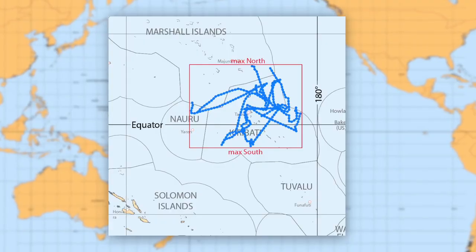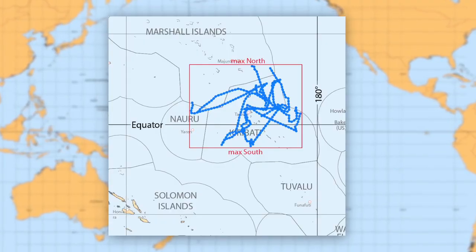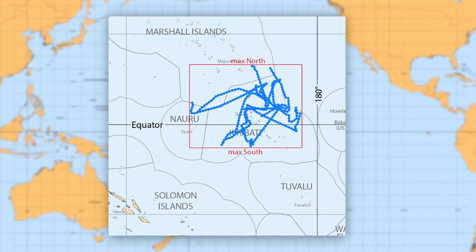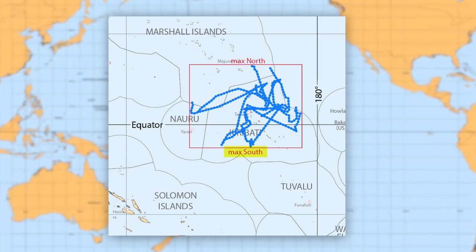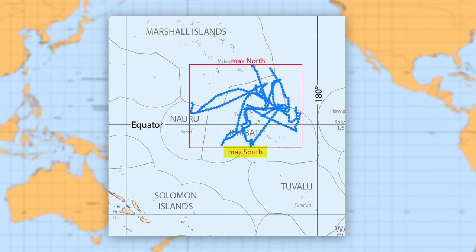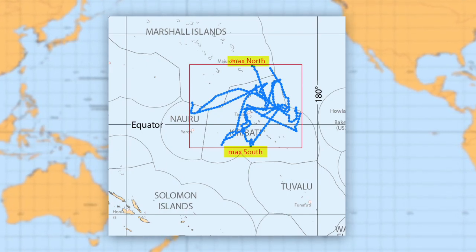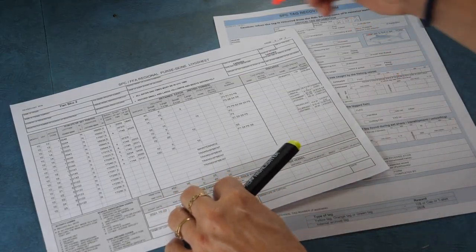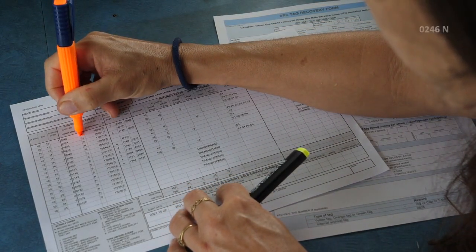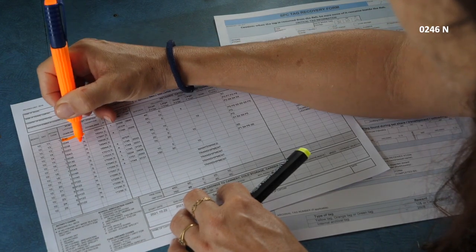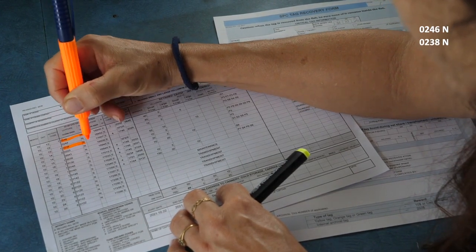If all the sets were deployed on both sides of the 0 degree of latitude, the equator, the minimum latitude is equal to the lowest south position, and the maximum latitude is equal to the highest north position. In this example, the sets were deployed in the northern latitudes and in the southern latitudes.